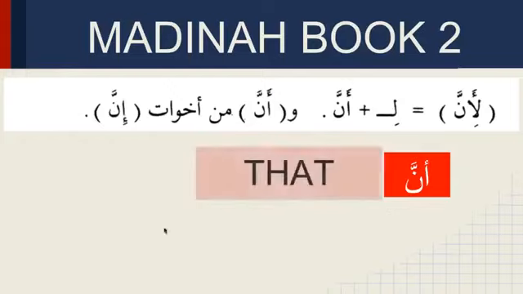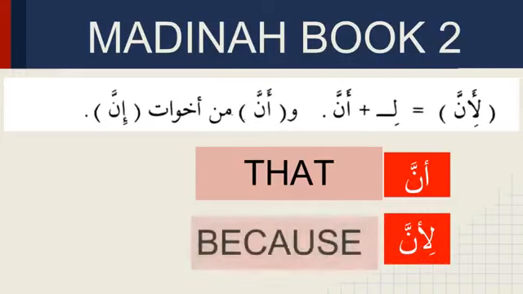So inna means that, anna means that, sorry. And when we add harf li, it becomes li'anna. So what does li'anna mean? Li'anna means because. So we don't say li'anna as akhwatu inna, just anna is akhwatu inna. So again here you're looking for ism and khabar. And like inna, the 14 pronouns can be attached to it, like innahu, innahuma.